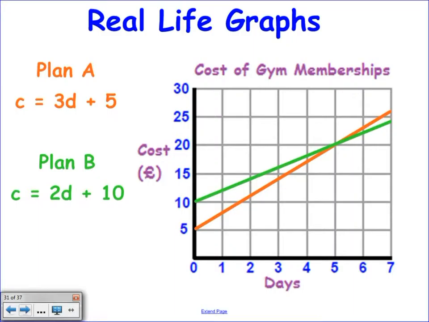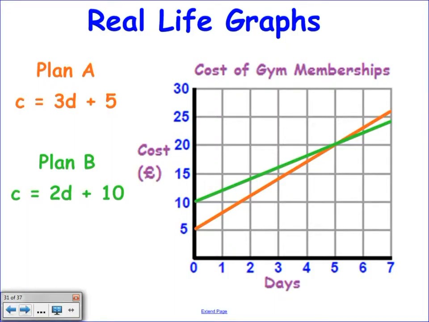They might get you to plot them so you can visually see when plan A becomes less cheap than plan B. And they'll say, if I'm going to go to the gym for 4 days, which plan am I better off having? Well, here, 4 days, the orange is below the green, so plan A is the better plan to have. Okay? See how that works?